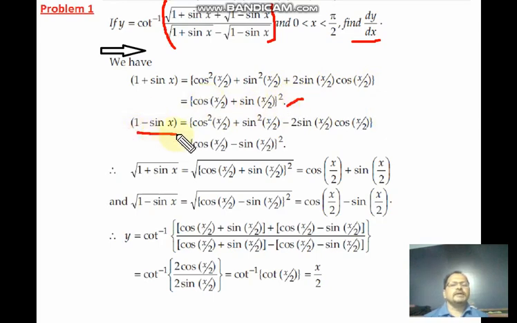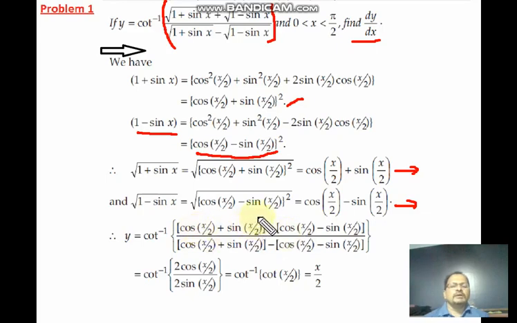Similarly, 1 minus sin x is equal to (cos x by 2 minus sin x by 2) whole square, and therefore square root of 1 plus sin x becomes cos x by 2 plus sin x by 2, and square root of 1 minus sin x becomes cos x by 2 minus sin x by 2. Therefore the original y given to us becomes cot inverse of (cos x by 2 plus sin x by 2 plus cos x by 2 minus sin x by 2), and in the denominator the negative is there.